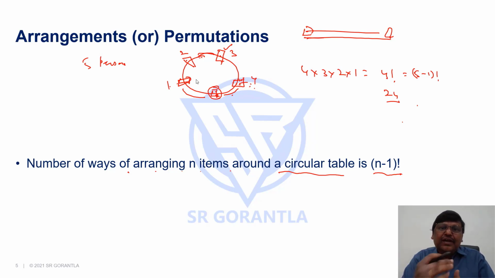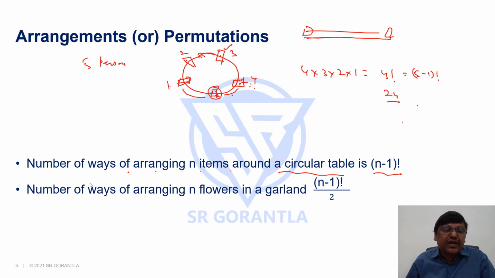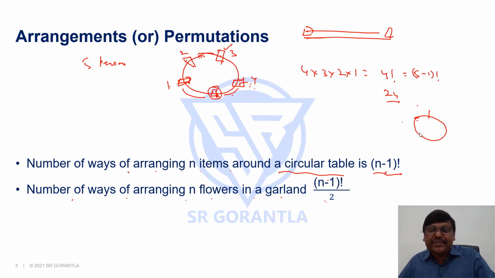So that's why clockwise and anti-clockwise is not important. Hence we say the number of ways of arranging n flowers in a garland is (n minus 1) factorial by 2. The common mistake we make is thinking a garland is like a circular arrangement and saying (n minus 1) factorial, but please remember it is a hanging item. So it is (n minus 1) factorial by 2, right?